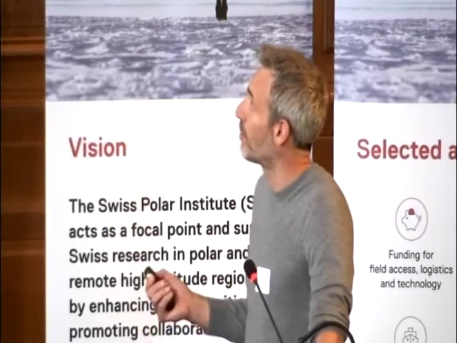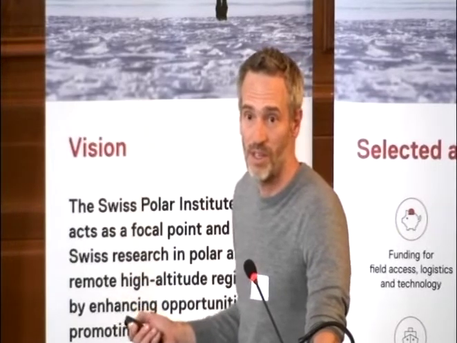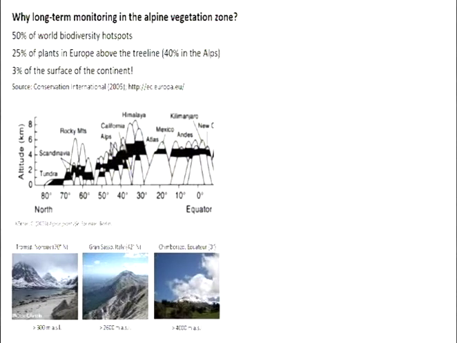Actually, there are more than 40 vascular plants in the screes, and there will be more and more because of climate warming, and this is why we were there this summer. And other reasons to look at alpine vegetation: it's super rich, more than 50% of the biodiversity hotspots in the world.